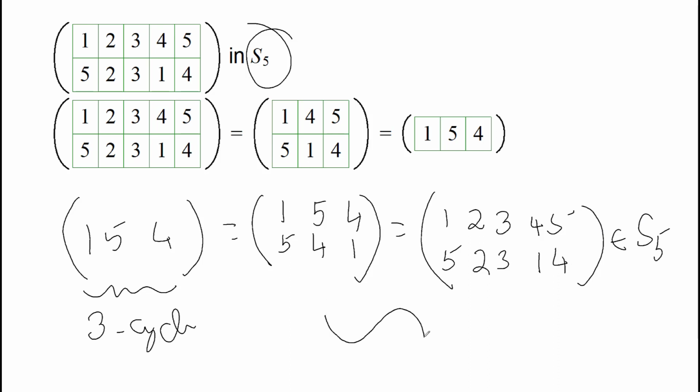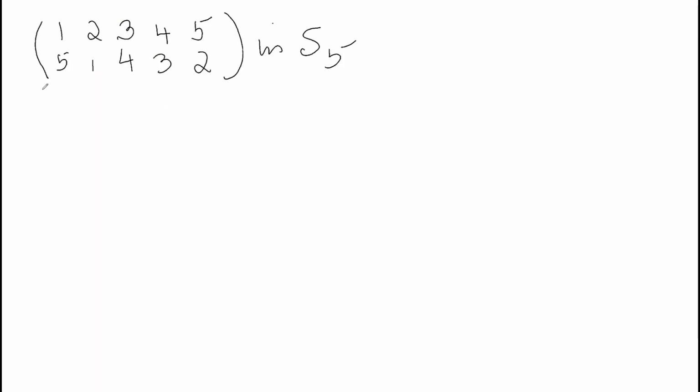So we saw that we have a cycle, and we also saw we can multiply permutations and they don't generally commute. So let's practice that with one more element in S5 where we got this one. Let's write it like this.